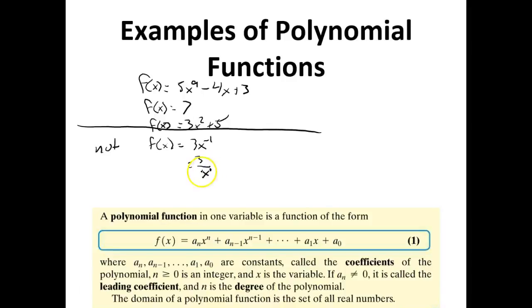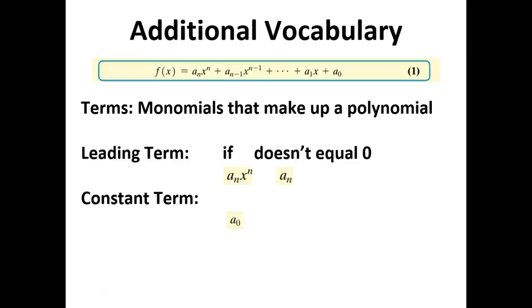That x is on the bottom, so the domain would not be the set of all real numbers because we can't have zeros in the bottom. So this is a function that is not a polynomial function. Another example of a function that is not a polynomial would be the square root of x. It's a function, just not a polynomial.